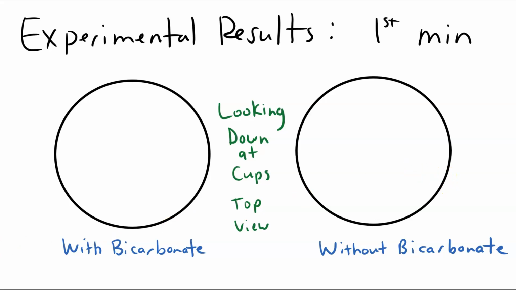So let's see what happens over the course of the 15-minute experiment with a cup that has bicarbonate and a cup that does not. Here's your result at the end of the second minute, end of the third minute. Make sure that you're jotting this down in your data table.